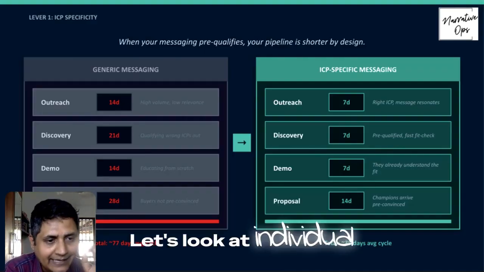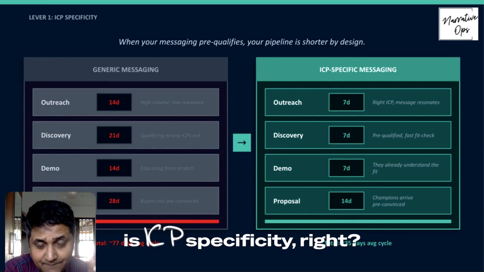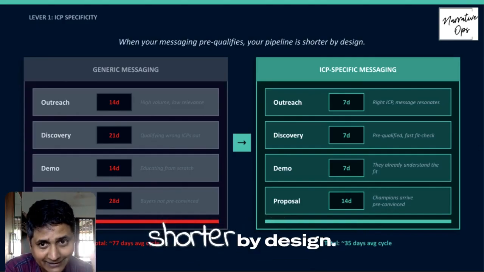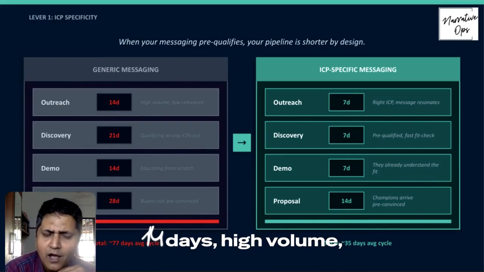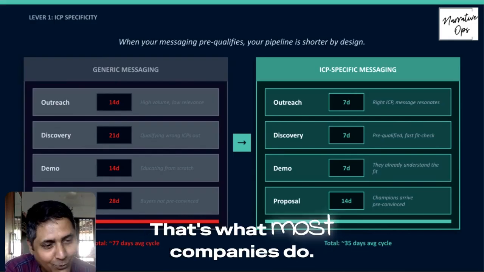Let's look at the individual levers now. Lever one is ICP specificity. When your messaging pre-qualifies, your pipeline is shorter by design. Let's take an example. With generic messaging, outreach takes 14 days: high volume, low relevance. That's what most companies do.